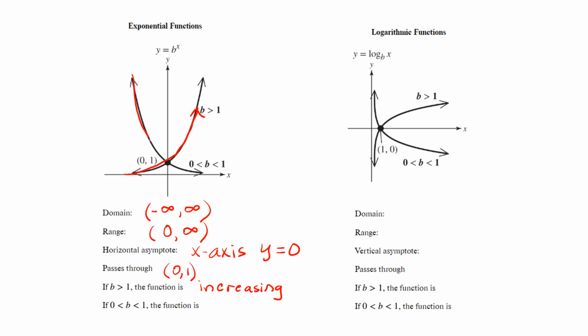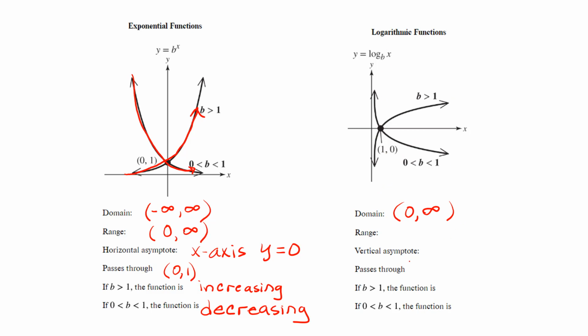It's coming down. And so for the logarithmic functions, as I said, the domain and range are flipped. For the logarithmic function, the domain, the x's, are only going to be the numbers greater than 0. Everything is to the right of the y-axis. So the domain is going to be from 0 to infinity, and the range is going to be from negative infinity to positive infinity, because it can go all the way up.